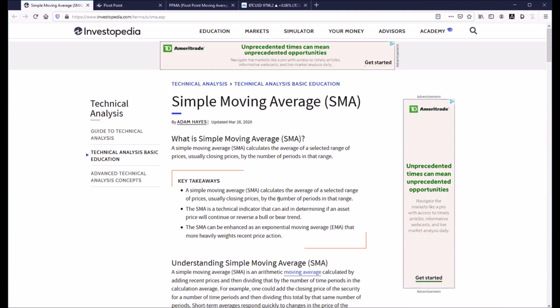So if you're looking at a 100-day simple moving average, by default, typically, and you can change this if you know how to go in and change it slightly to opening or middle of the day prices, the simple moving average is calculated by taking the last 100 days of closing prices, adding them all together, and dividing by 100.